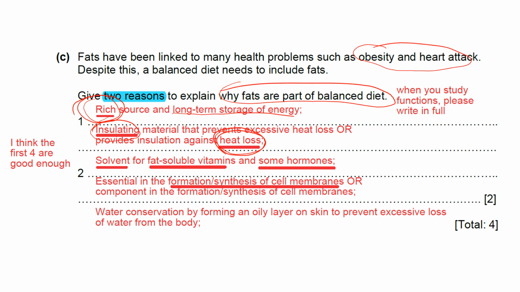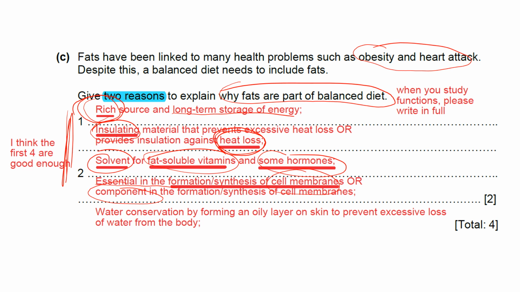Number 3, solvent for fat soluble vitamins and some hormones. It is a good solvent for some of them. And number 4, the fourth one, it is essential in the formation of cell membranes, or you can say it's a component in the making, the synthesis of cell membrane. Now I think these 4 functions are good enough.